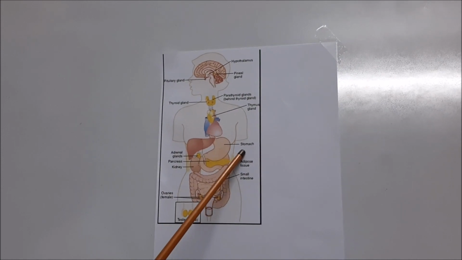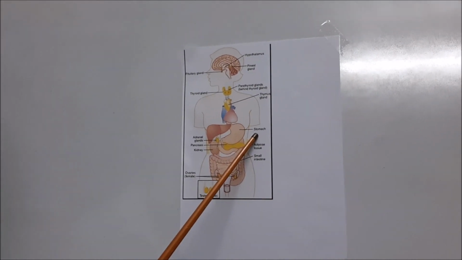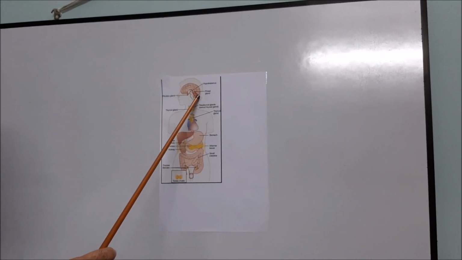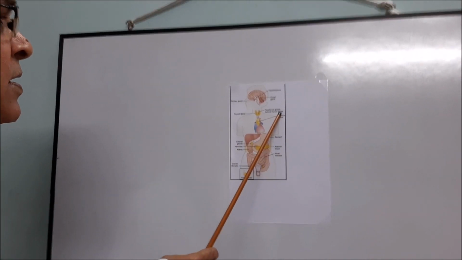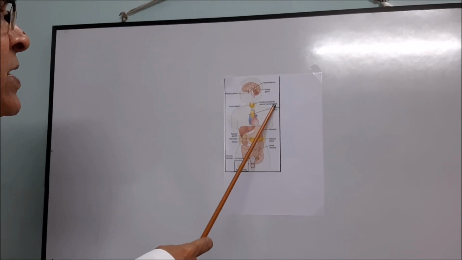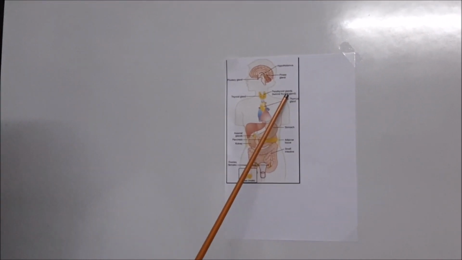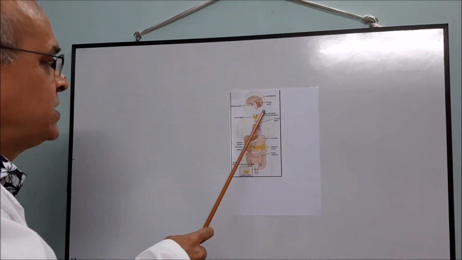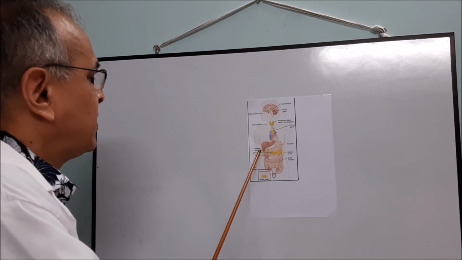Now, which glands are life-saving glands? The life-saving gland is the parathyroid gland, and the hormone of the parathyroid is parathormone. Sometimes you may be asked which glands are essential or life-saving. One is the parathyroid gland, another is the adrenal cortex.